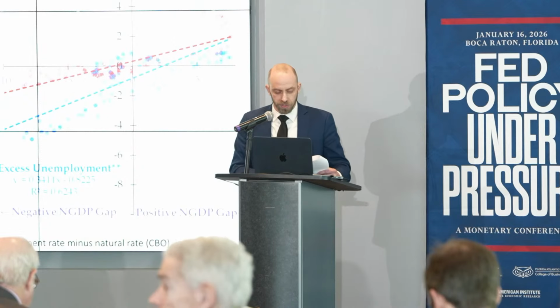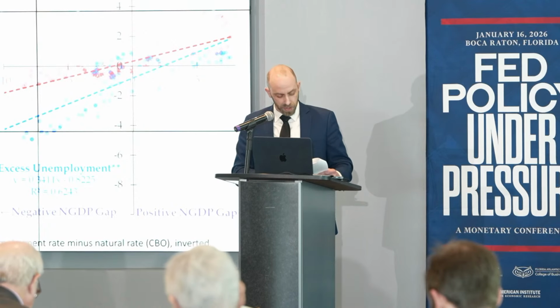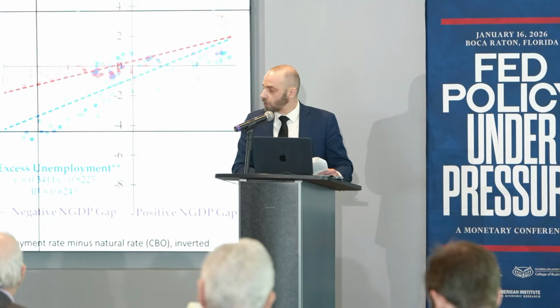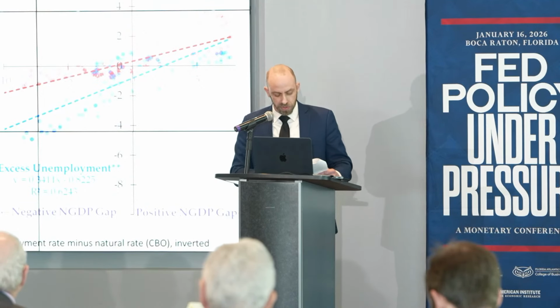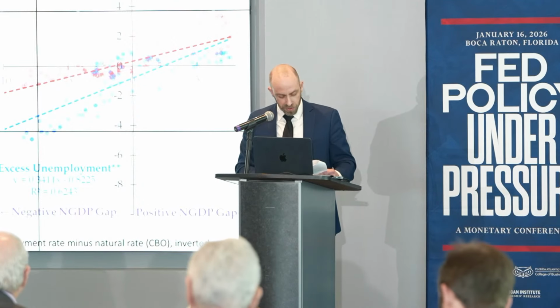In the 2010s, the NGDP gap closed very slowly following the 2008-2009 recession, matching the slow decrease in the unemployment rate. Moreover, it remained persistently negative, coinciding with inflation falling chronically short of the Fed's 2% inflation target.